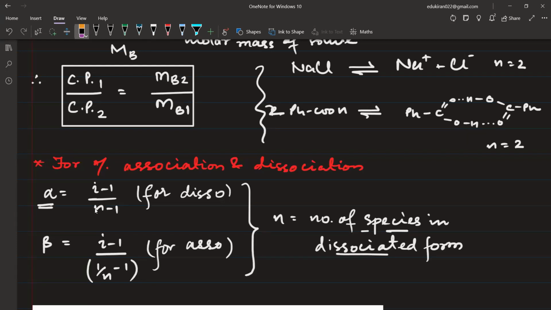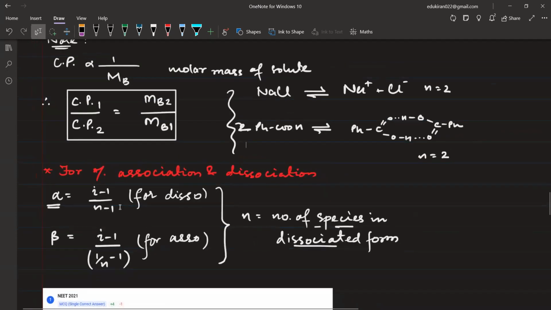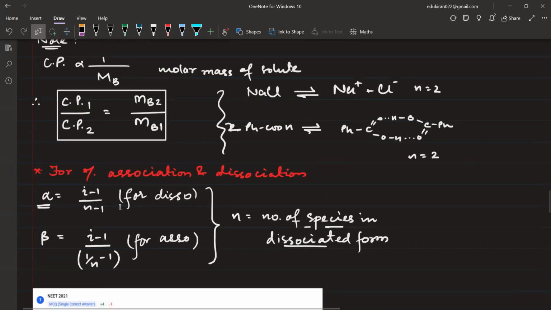Please write it down. Colligative property is inversely proportional to molar mass.